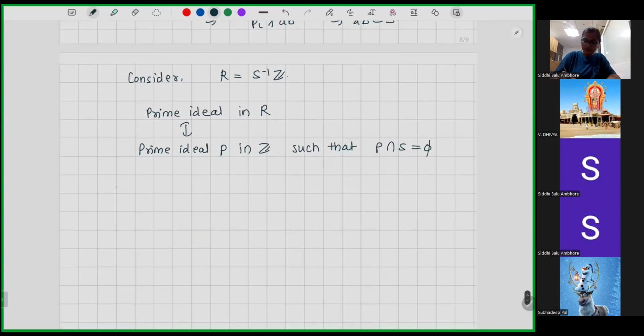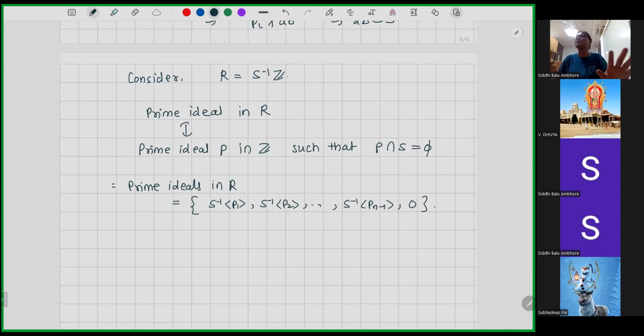Therefore, the prime ideals in R are S inverse P1. When I write P1, it means the ideal generated by this. S inverse P2, and so on up to S inverse P(n-1). And also 0 is still a prime ideal because we are in an integral domain.